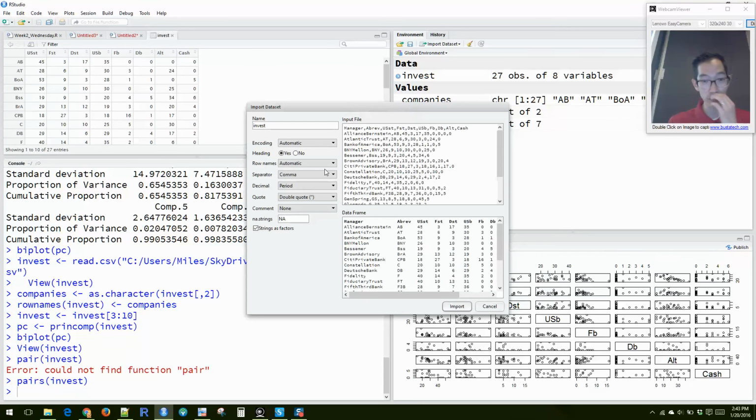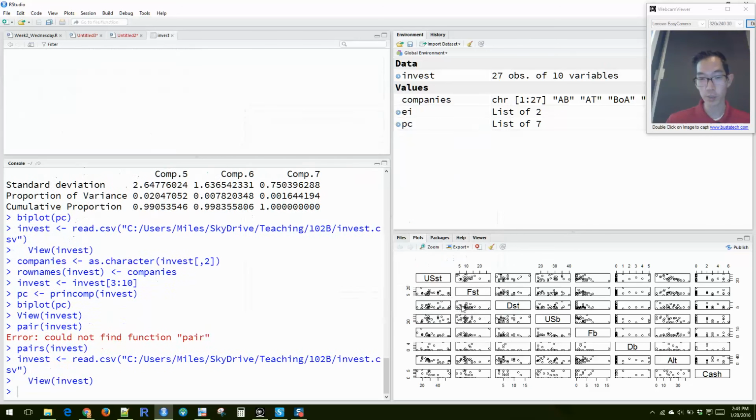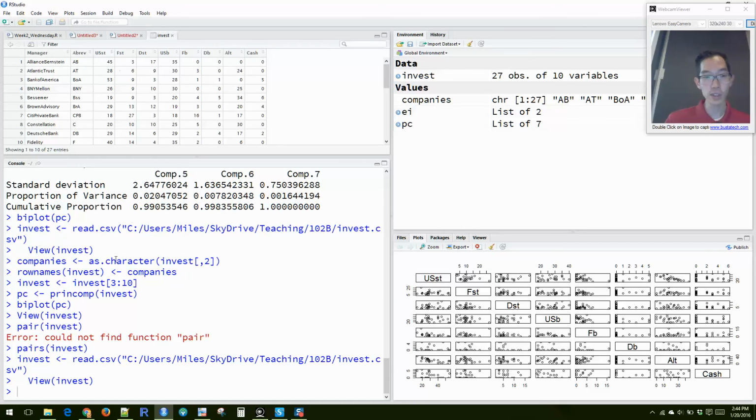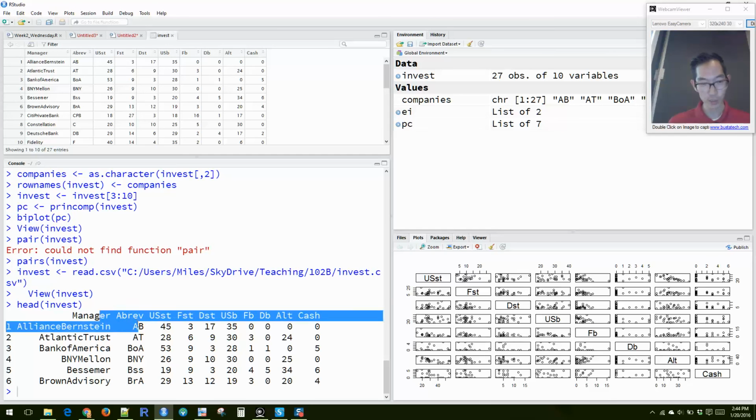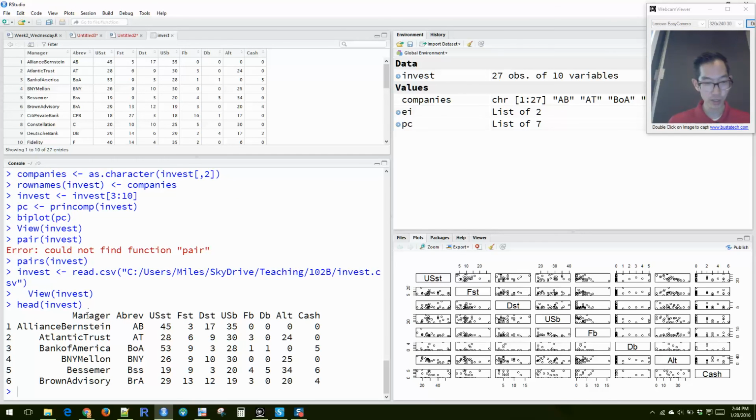If I'm loading invest, it's just a comma separated file, so it looks like this. If I just ask for head of invest, it gives me the abbreviations. I guess not manager. This would be the bank.